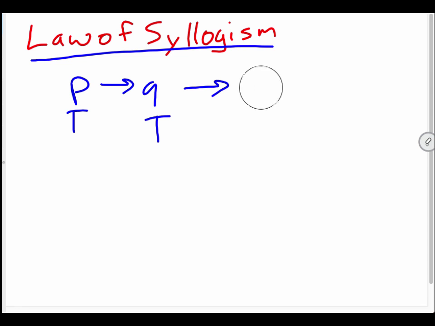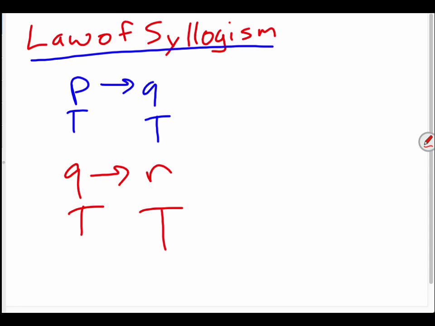Let me write it a different way. Maybe it'll make more sense. If Q is true, what do I know about R? It's true as well, right? The implication's the same. If I have a hypothesis that is true, and then I have a conclusion, that will be true as well. Correct? Does that make sense?